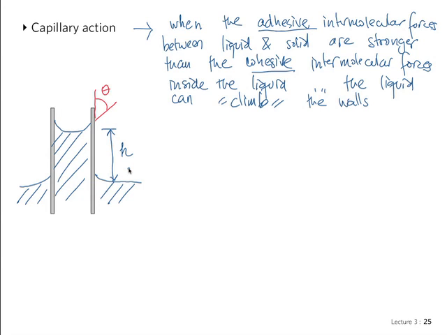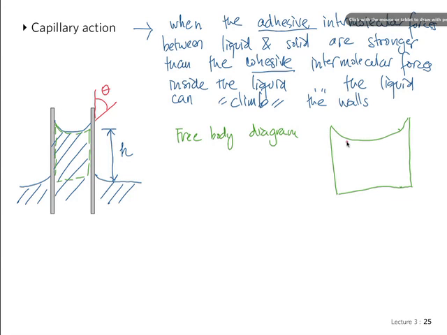And if we take just this volume of liquid and we do a free body diagram of it, it has a force here, and it also has its own weight.